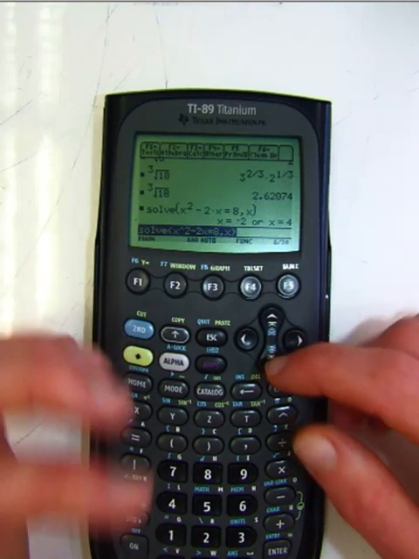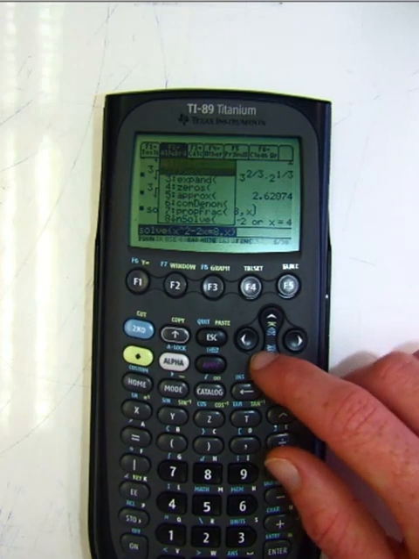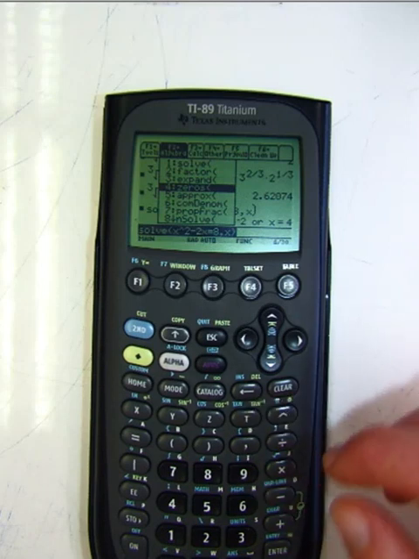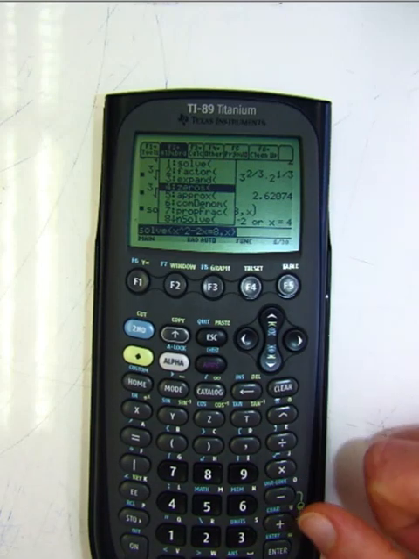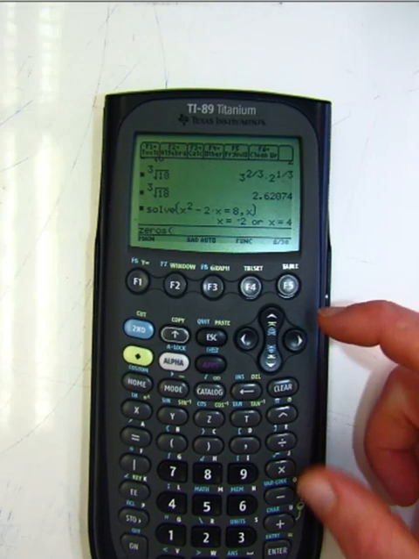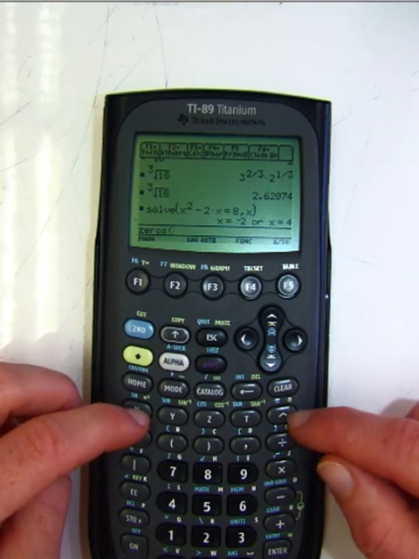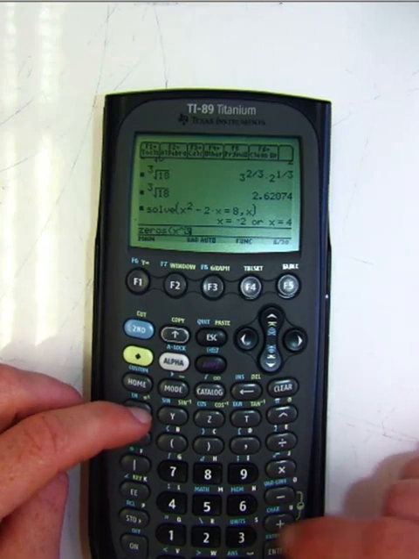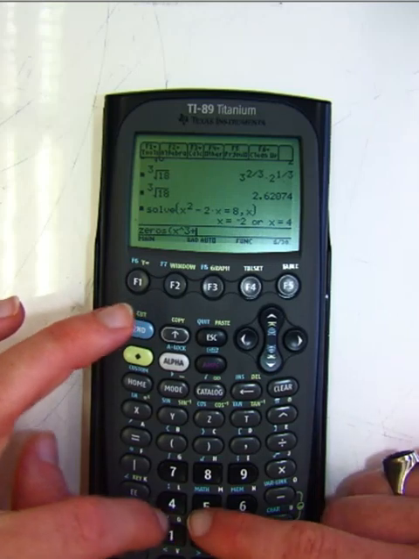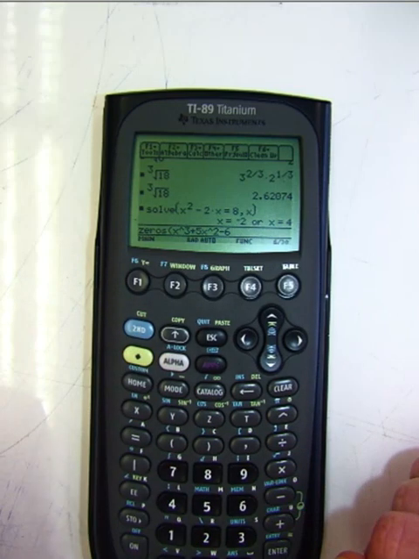Or, speaking of finding zeros, I mentioned there under the algebra menu that number 4 says zeros. So I can find the zeros of, I'm just going to make up a random one, x cubed plus 5x squared minus 6.